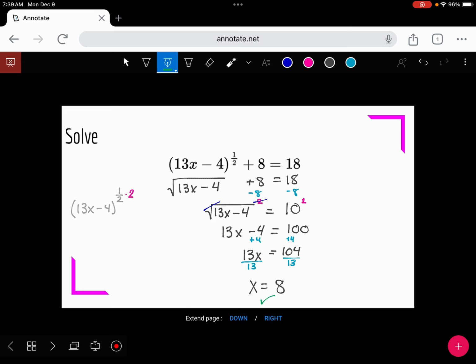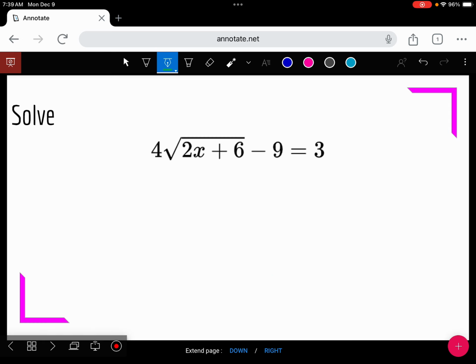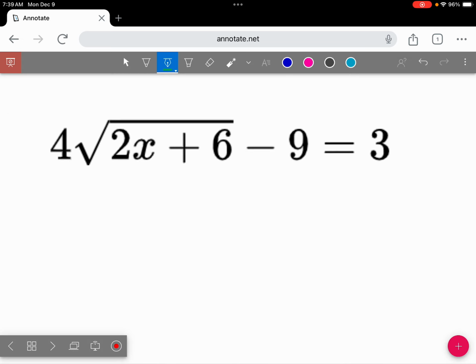Okay, so the fractions will show up sometimes as powers, but all that is a square root or cube root, whatever it says there. Here's our next one. What is going to be our first step here?